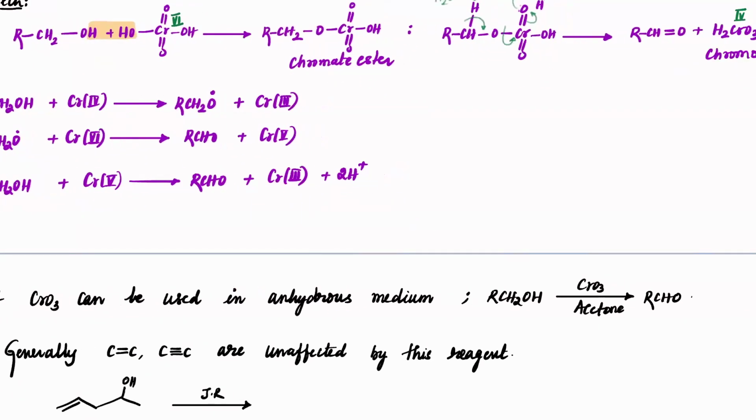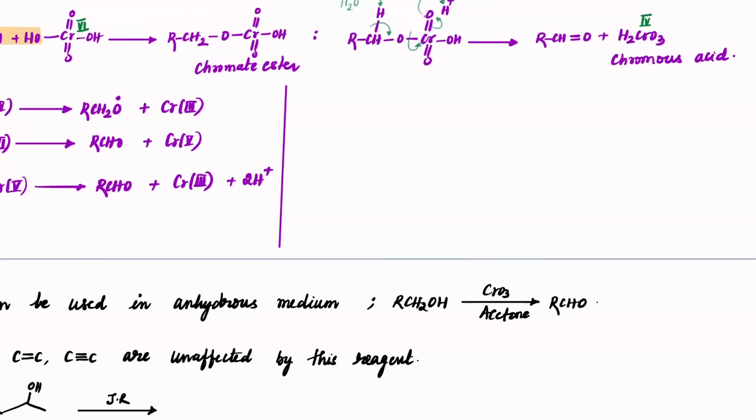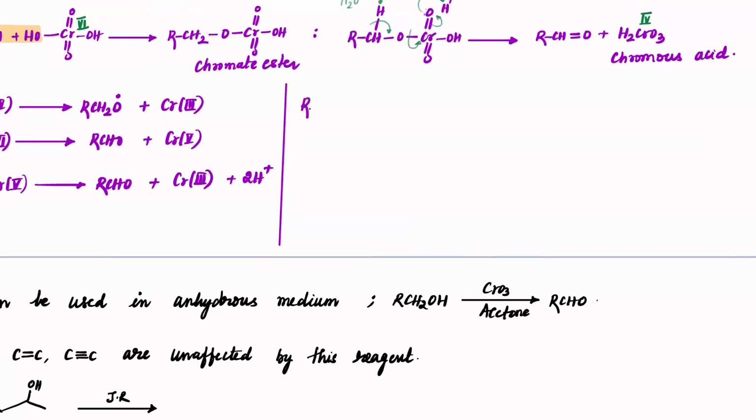Now, one important aspect you need to learn here is that first, the oxidation will always happen up to aldehydes. Whether it has to go to acids or not depends upon how aldehydes behave. As long as these aldehydes are in acidic aqueous solution, and Jones reagent is in aqueous solution, it would form something called a hydrate, which means water will get added onto this double bond. This is called hydrate.